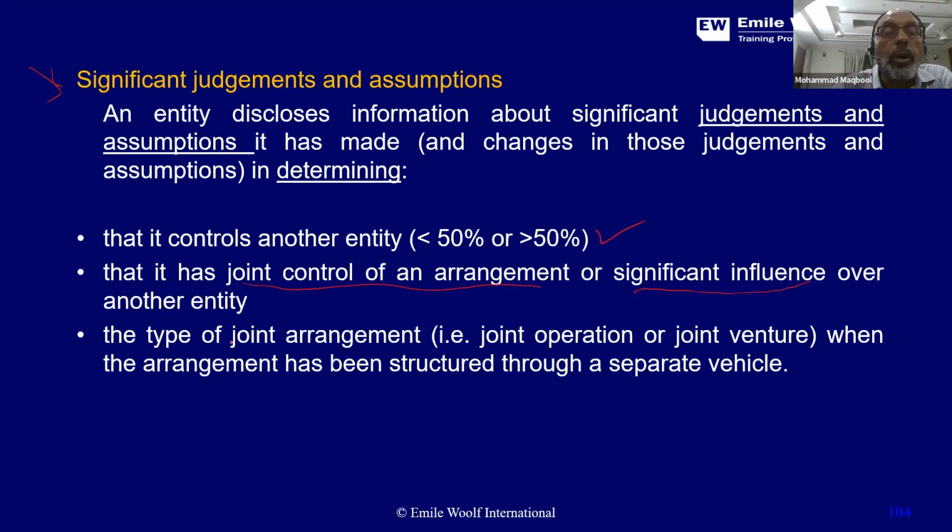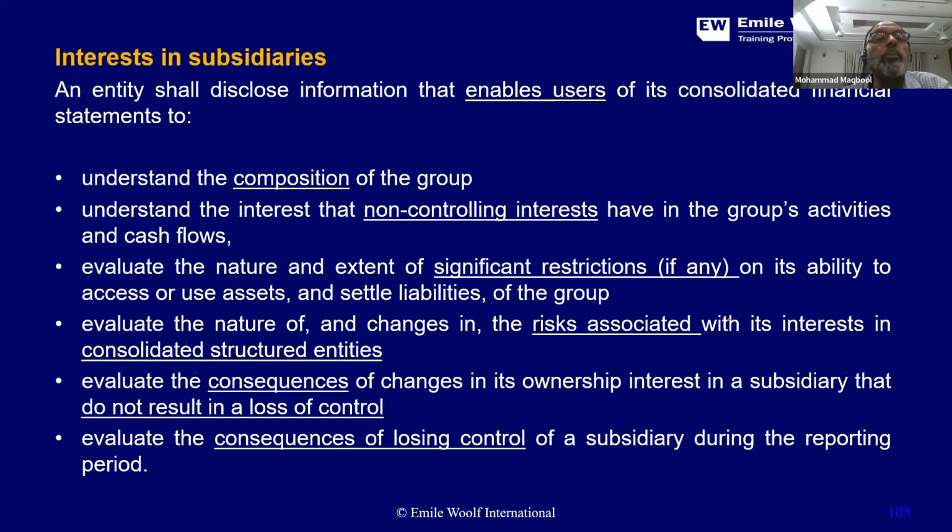The type of joint arrangement, a joint operation or joint venture. We have to look at many things. We have to make a lot of judgment here. So you need to disclose the significant judgment and assumptions which made you reach some conclusion. That disclosure is required.